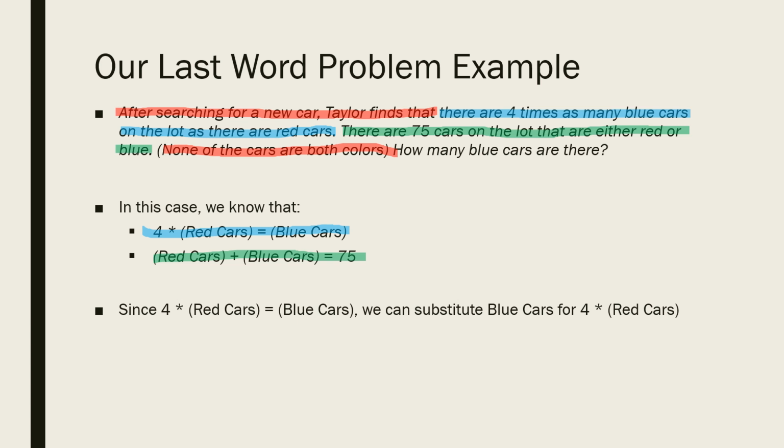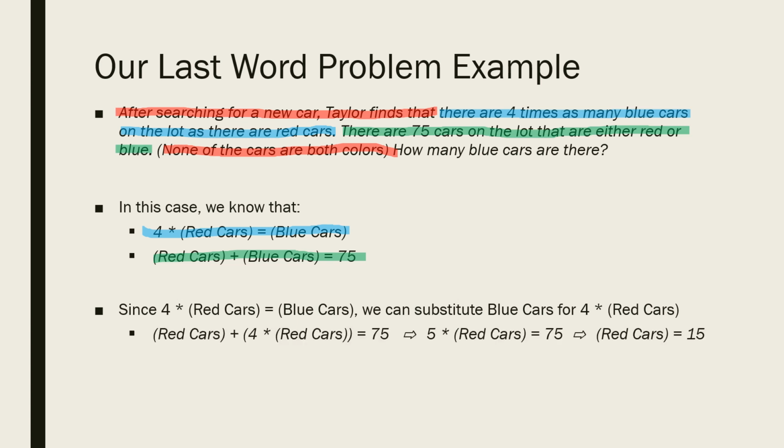Well, since that's true, anytime we see blue cars, we can replace it with 4 times red cars. And once again, if we plug it into the first equation, we'll get nothing. And if we plug it into the second equation, we'll get red cars plus 4 times red cars equals 75.